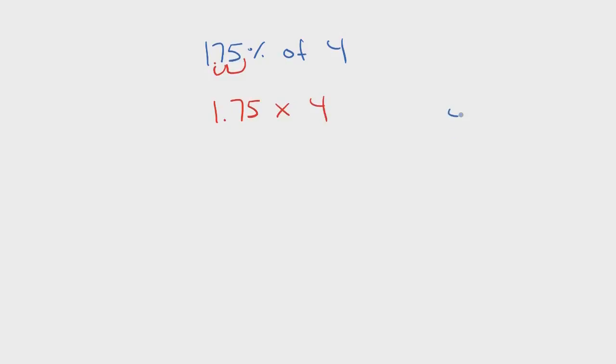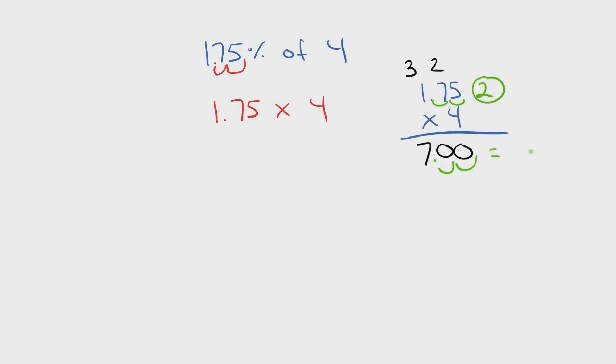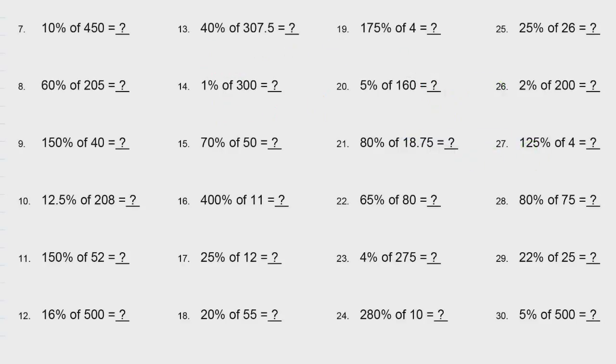So all I'm going to do is write 4 times 1.75 over here. The answer is 7. For number 19, the answer will be 7.